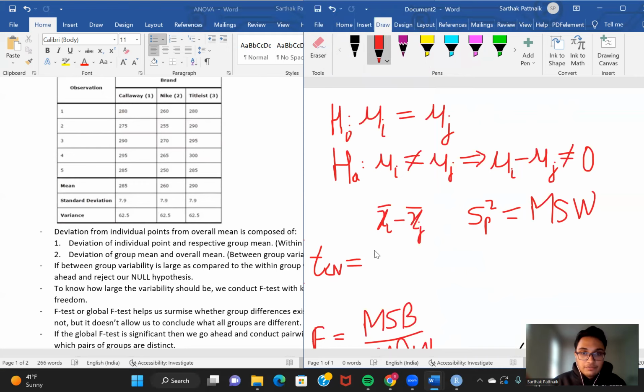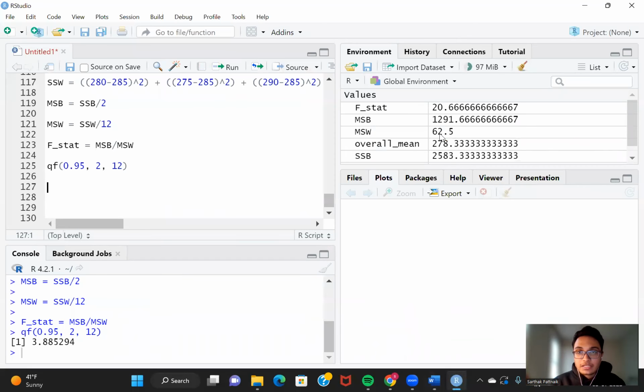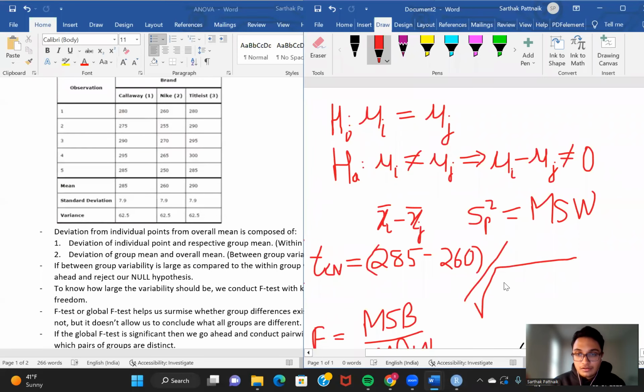We have 285 minus 260, divided by the square root of, in our previous example, we calculated mean square within as 62.5, into 1 by 5 plus 1 by 5.